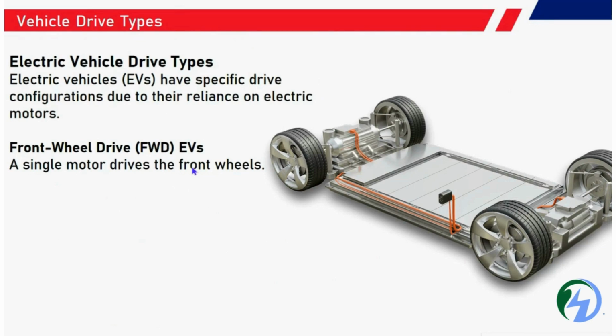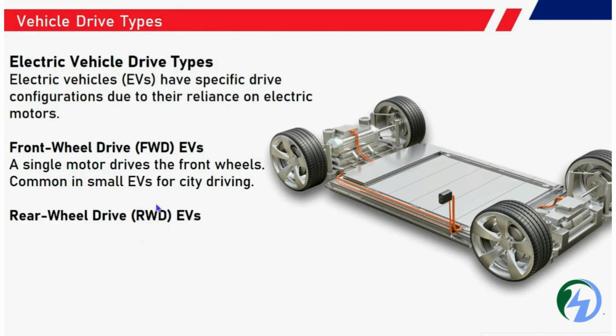Now, coming to the electric vehicle, we have a motor, and how this motor is placed determines whether the front or the back wheels rotate. A single motor makes the front wheels rotate, and it is common in small electric vehicles for city driving.